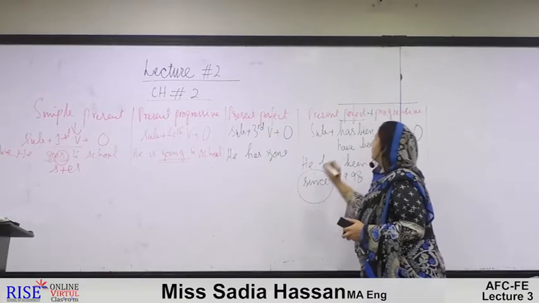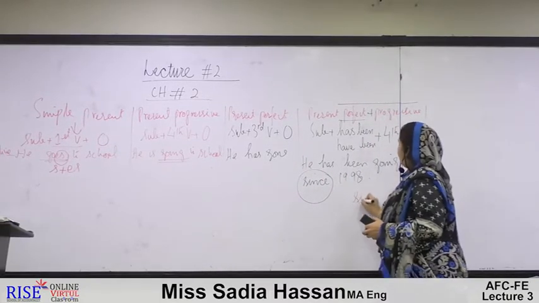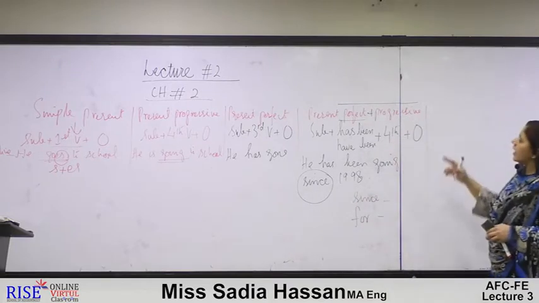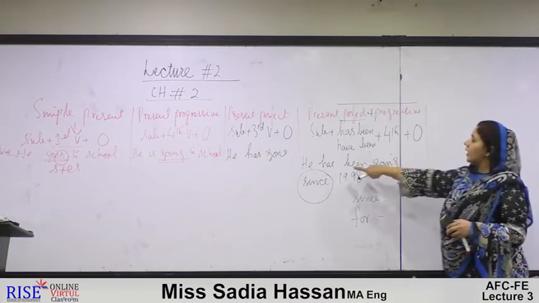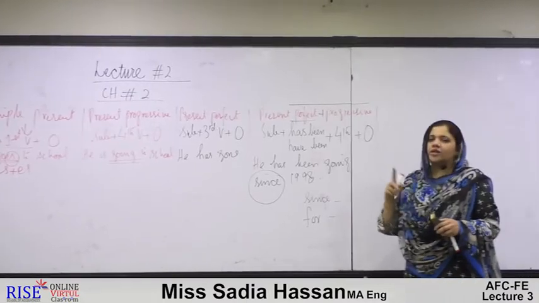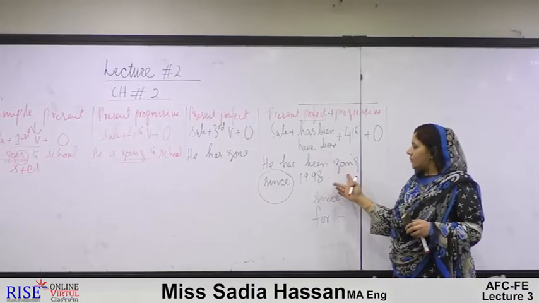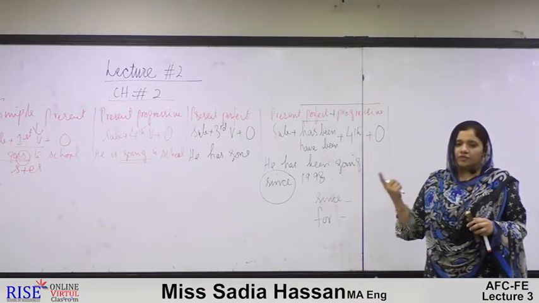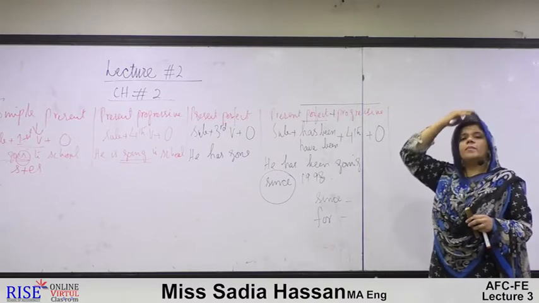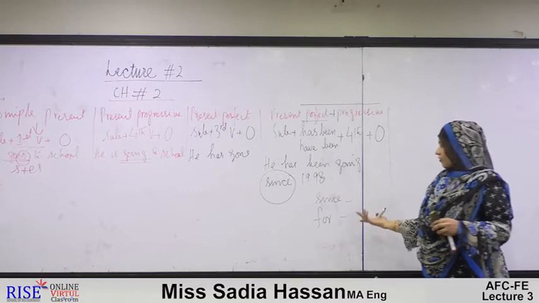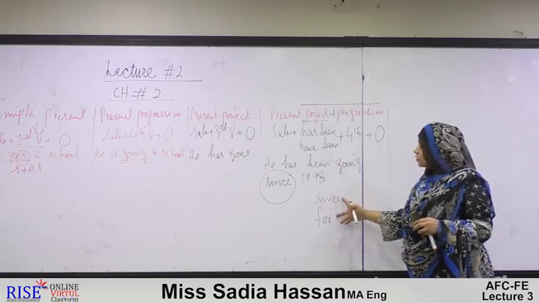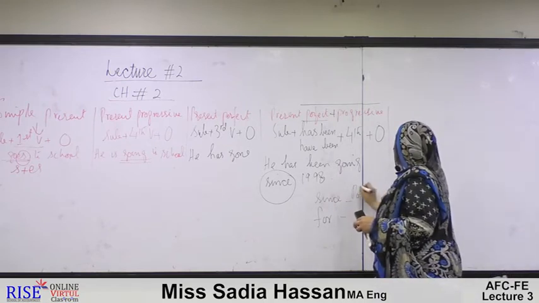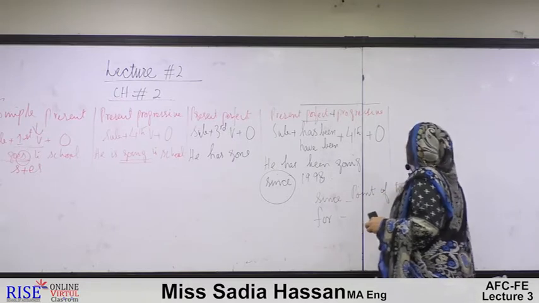I am supposed to use since and for with this tense. Why? Because whenever we are using two time frames, we need to have a little bit of explanation of the two time frames. We sometimes need to give the duration and sometimes we need to give the beginning of the time, so that we come to know the extent of the action we have performed. So we use these two words. Since is used for the point of time. What do we mean by point of time?